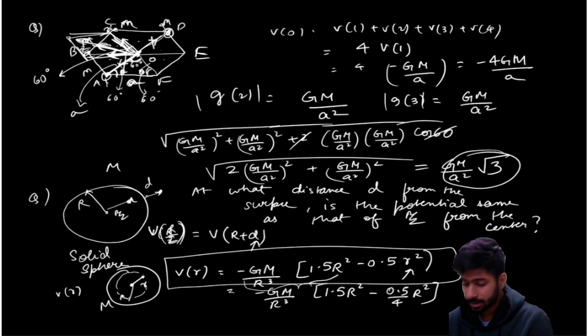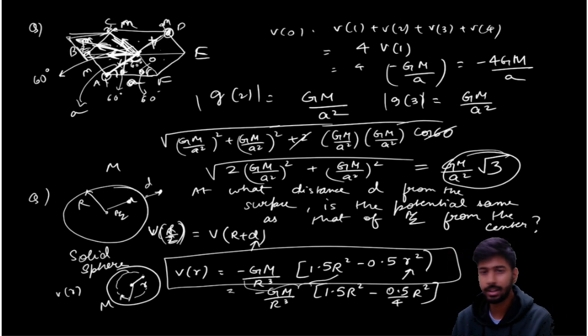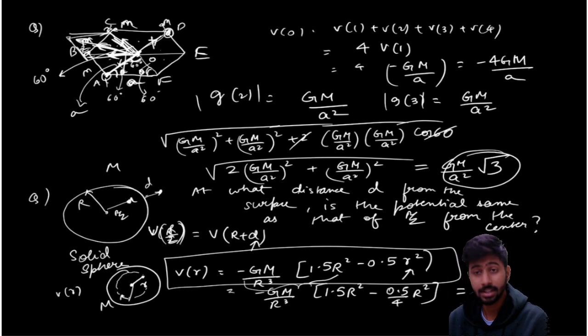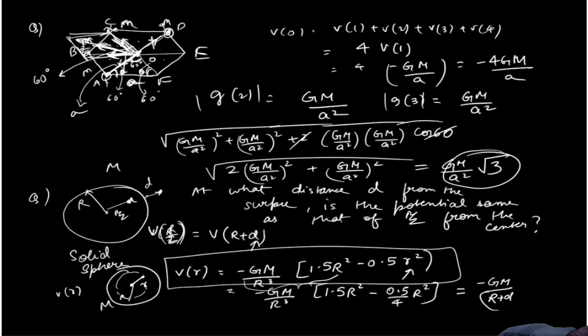So I would leave it like this, don't even need to touch it. I just need to equate this to minus GM by R plus d, because that is the objective of my question, right?